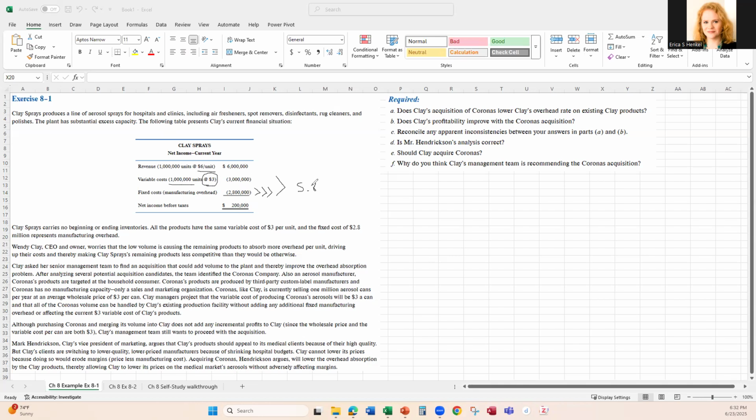They're basically costing $5.80 per unit by the time they distribute all of their overhead costs out across their units, which means they're not making very much money per unit.